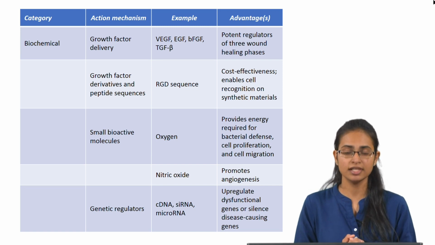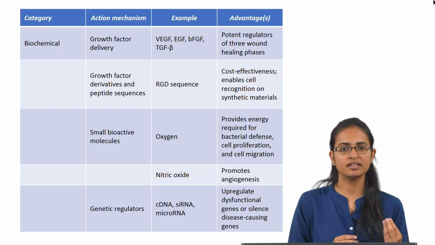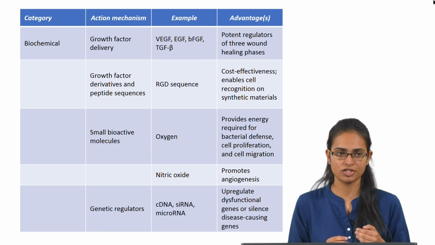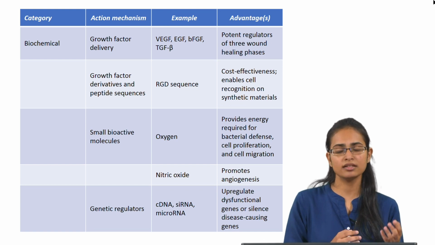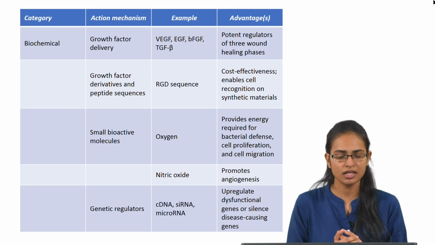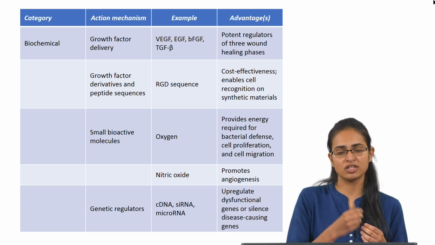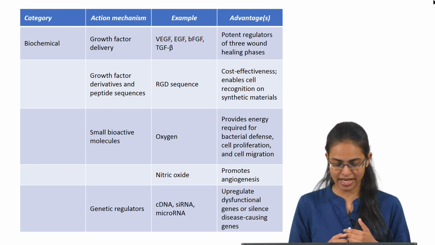It is crucial. Oxygen has been used in hyperbaric oxygen therapy, where it is delivered through systemic circulation. However, it fails to reach the desired site. So, then they started using oxygen as a topical therapy. Now, they have come up with oxygen delivering wound dressings such as Oxyzyme, which releases oxygen through a chemical reaction.